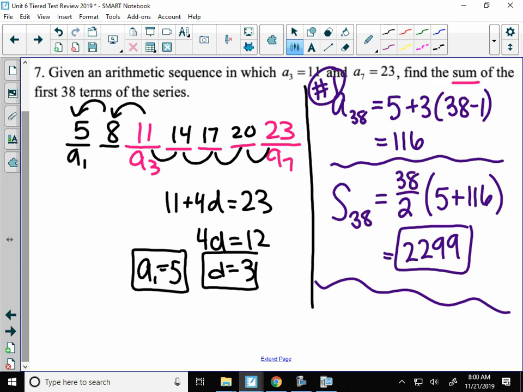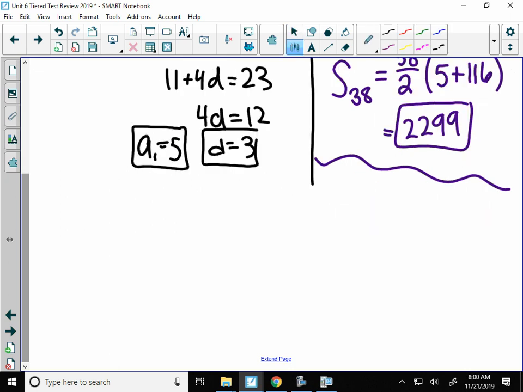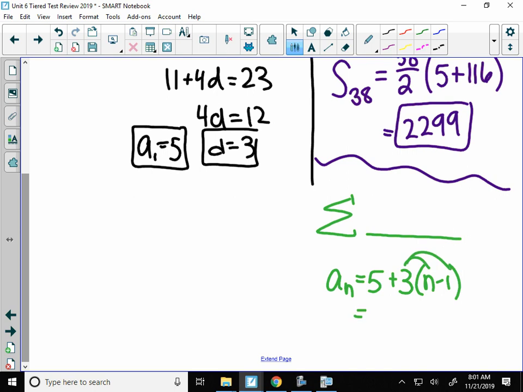If you want to use sigma, then you would have to start. Remember, with sigma, I need a formula here. So I'd have to write the a sub n formula for this sequence, which would take the first term plus 3 times n minus 1. And I would solve it for n, which is 3n plus 2.